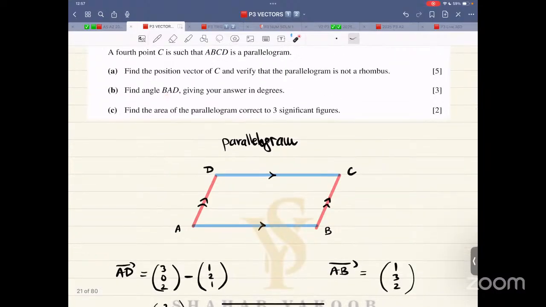Find the angle BAD. Take two vectors diverging from this point, AD, AB, and find the magnitudes. Use scalar product to find the angle, that is 100.3 degrees.